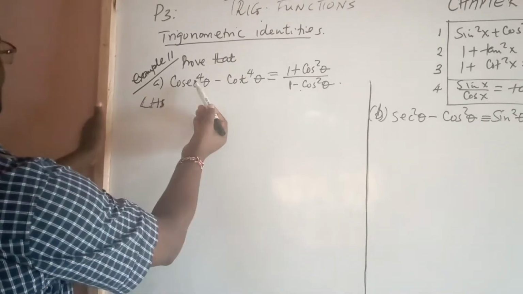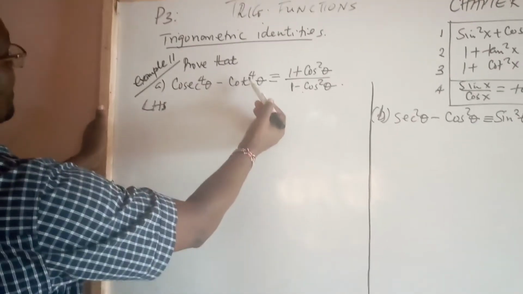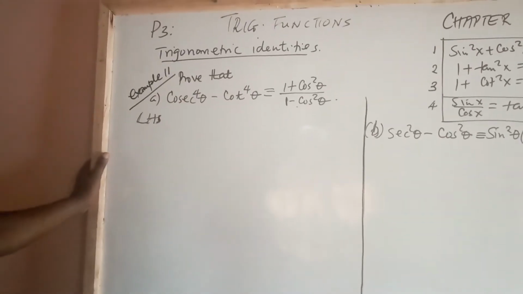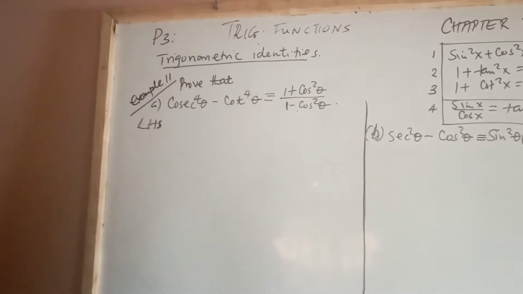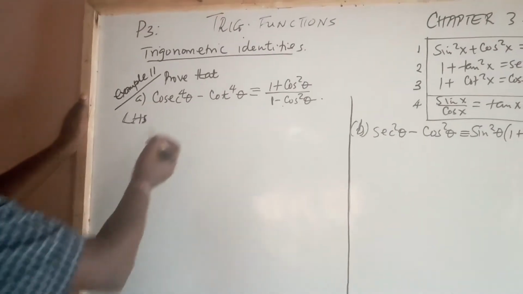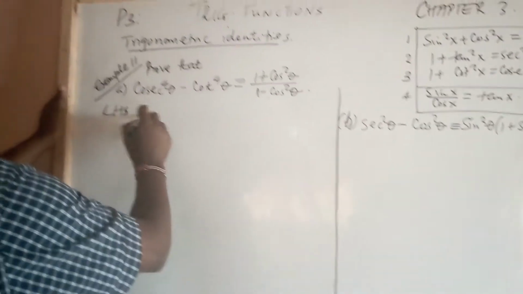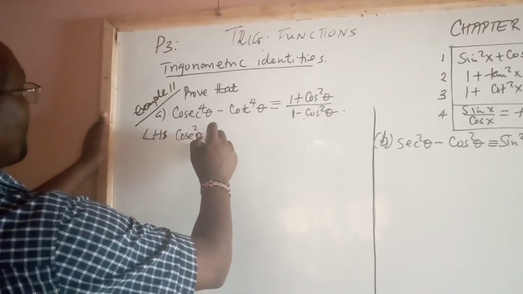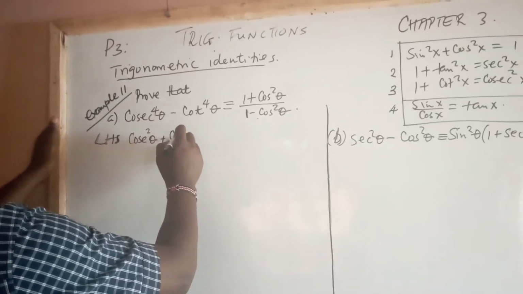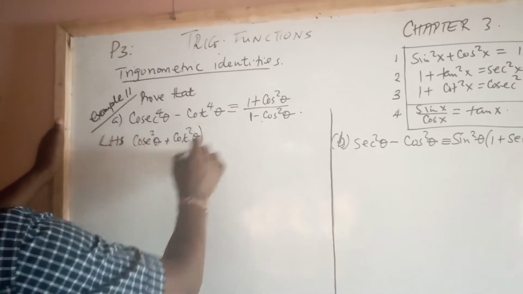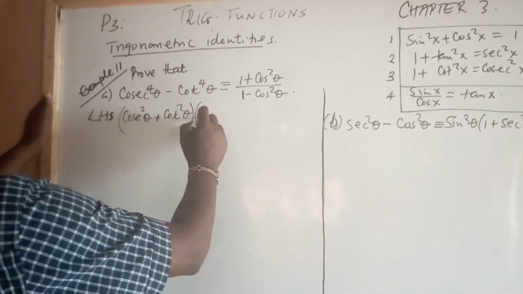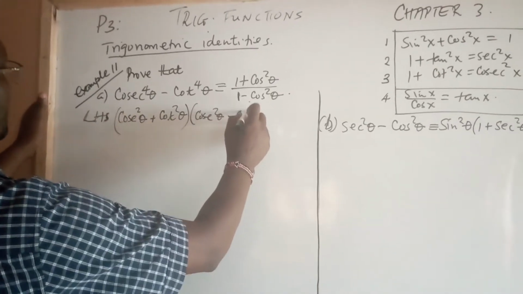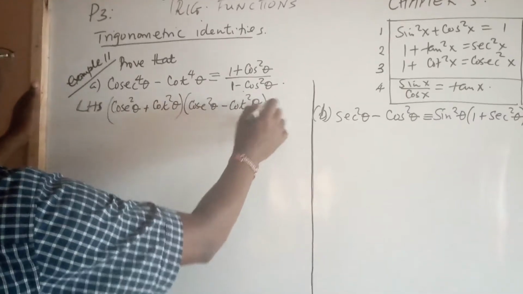This is an even power, this is an even power, and there is a negative between them. So we have a difference between two squares. We take the square root of both sides and say cosec squared theta plus cot squared theta, multiplied by cosec squared theta minus cot squared theta.